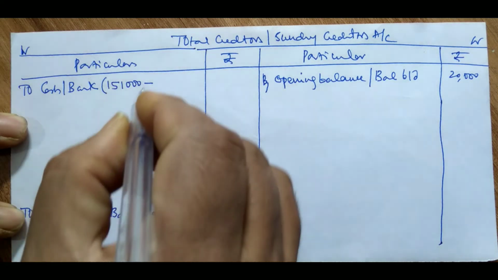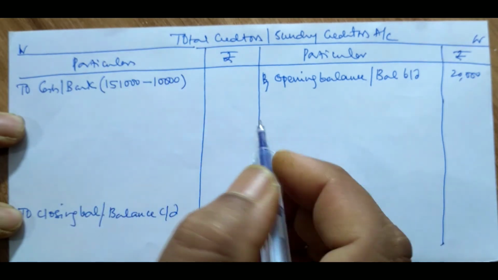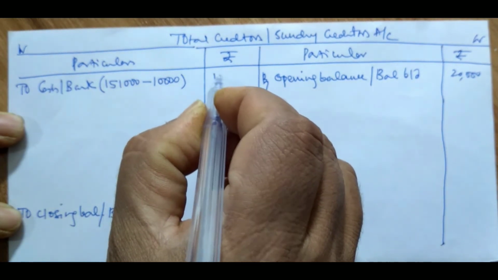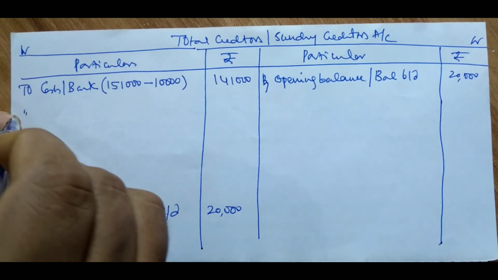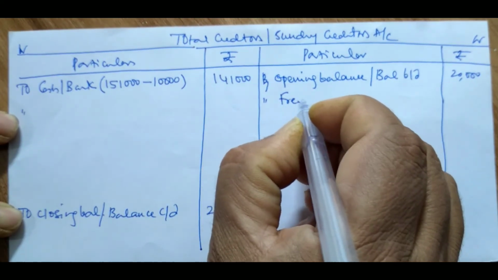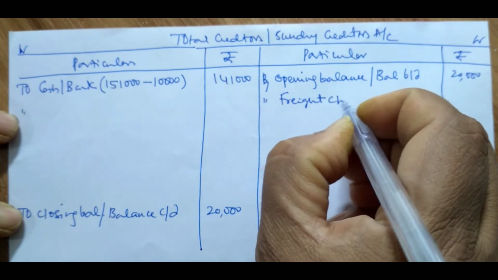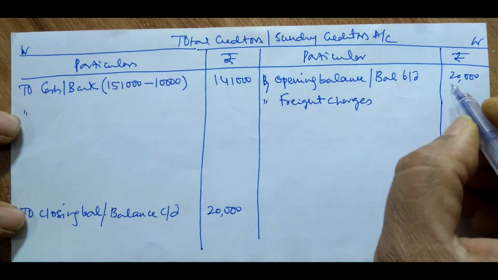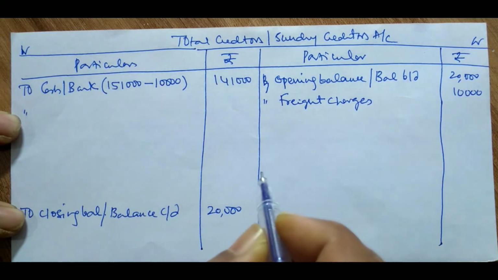That amount must be deducted from this total amount of rupees 1,51,000. It comes to rupees 1,41,000. And the freight charges charged by supplier, that must be credited to this account. It is rupees 10,000.